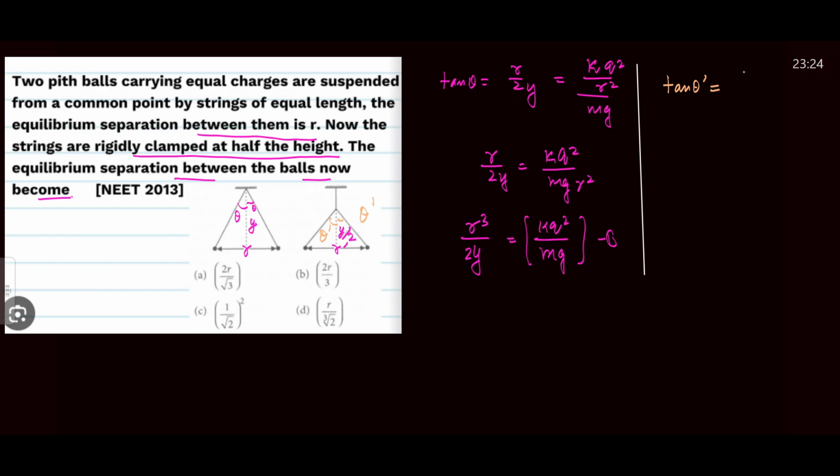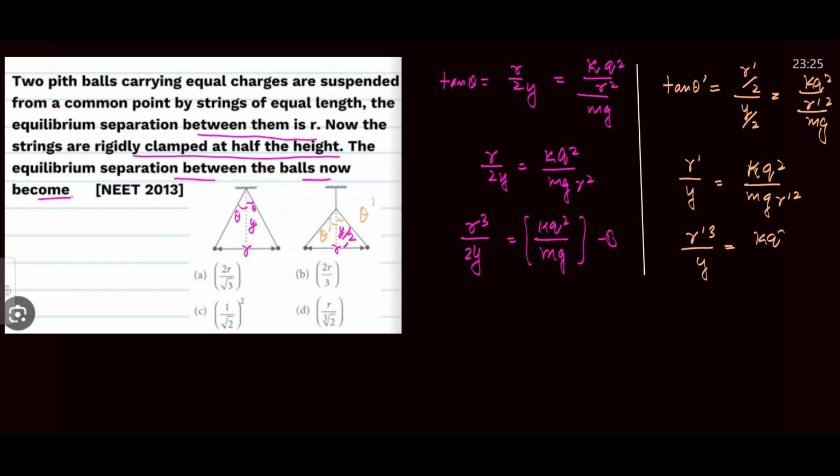So tan theta prime would be r prime by 2 upon y by 2 approximately, and that value is equal to kq square upon r prime square upon mg. So 2 cancels on the left hand side, this becomes r prime by y is equal to kq square divided by mg r prime square. So this becomes r prime cube upon y is equal to kq square upon mg. It is the second equation.